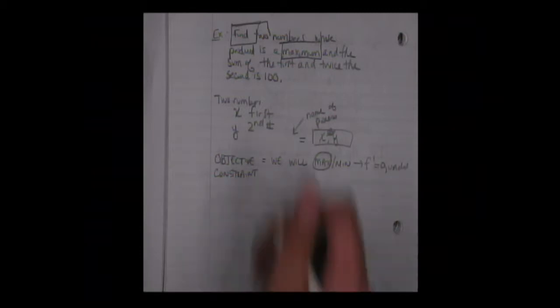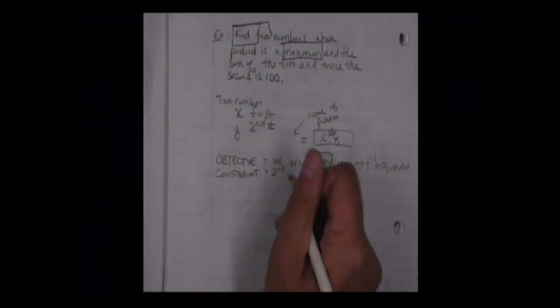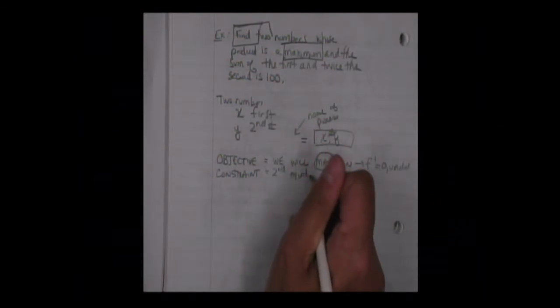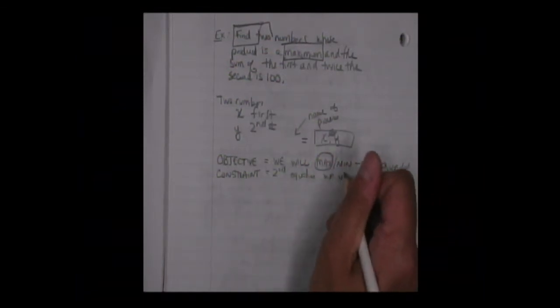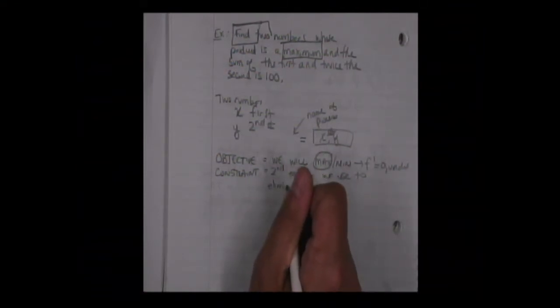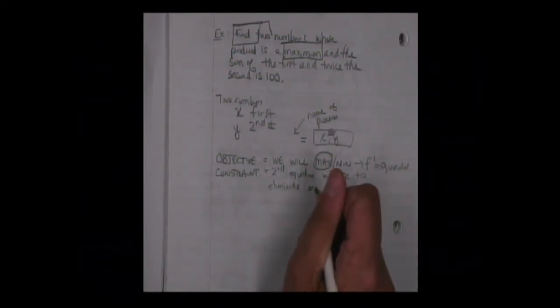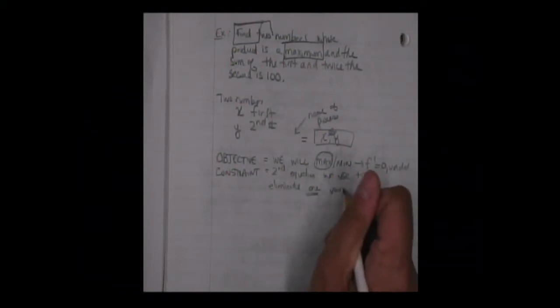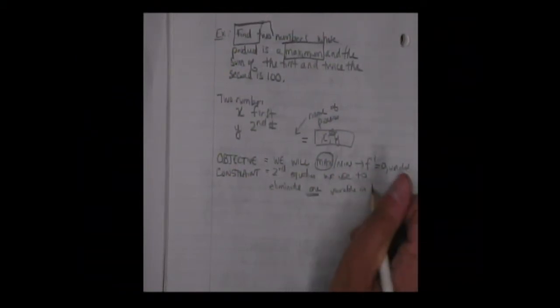The constraint equation is kind of the secondary equation. We use it to technically eliminate one variable in the objective.